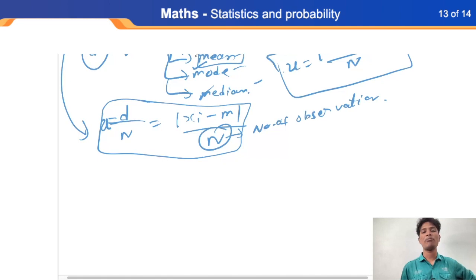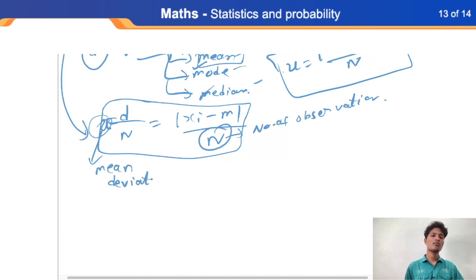First you calculate the mean, use this formula, and calculate the entire deviation sum. After calculating the entire deviation sum, you divide it by the number of observations, and you get the mean deviation, which is nu. This is the mean deviation. It is very important.